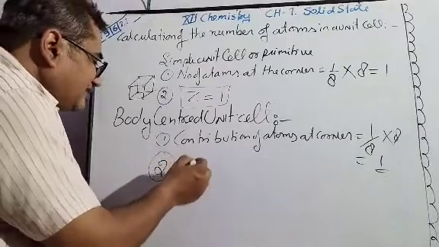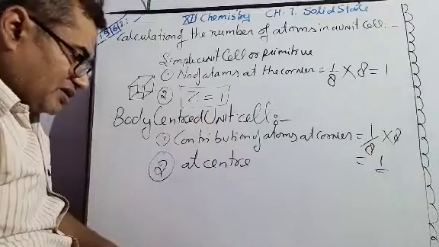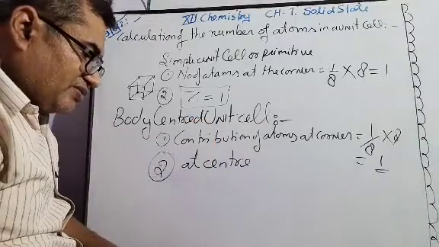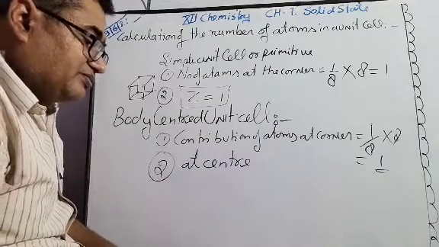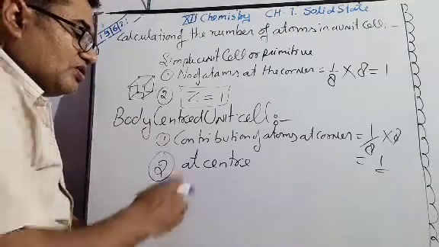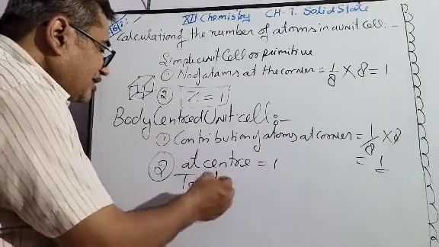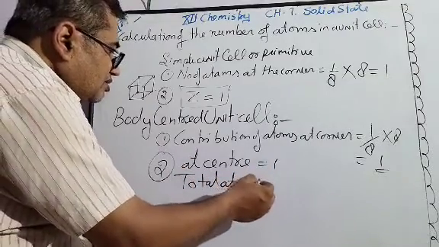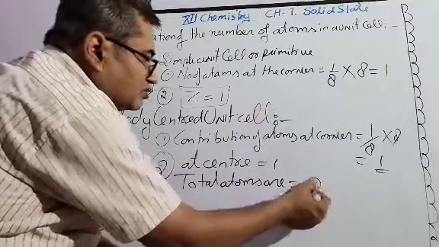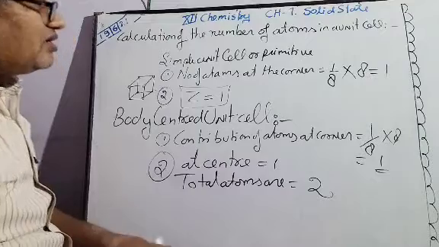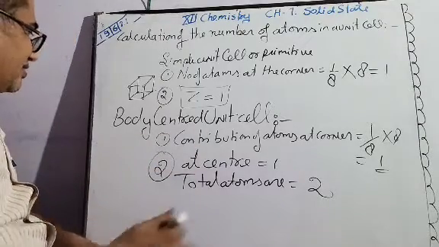So the total atoms present in the overall unit cell are 2.